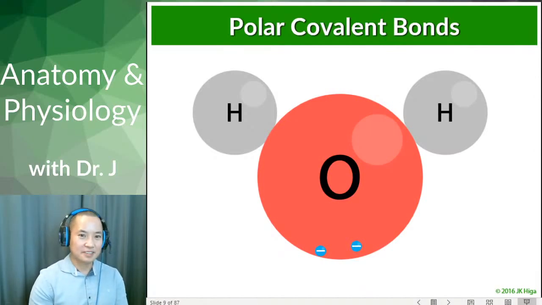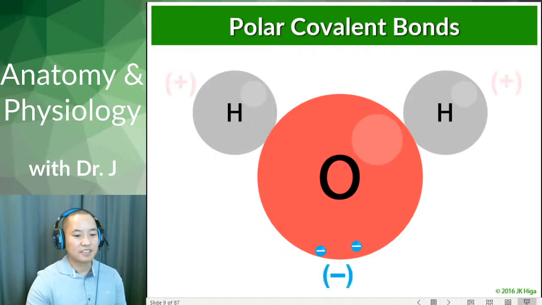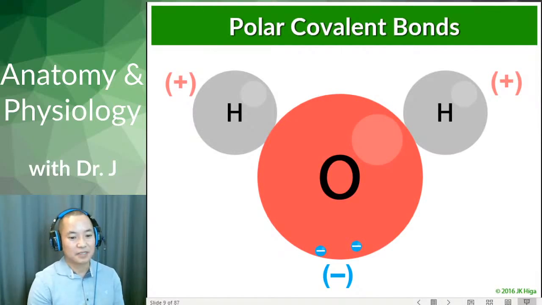Now, this is why you need to know electrons have a negative charge. Because oxygen holds on to electrons a little longer than the hydrogen atoms, it's not a complete negative charge. It's not like you have in an anion. But because electrons hang around the oxygen atom a little longer, there's a slight negative charge on the oxygen atom in a water molecule.